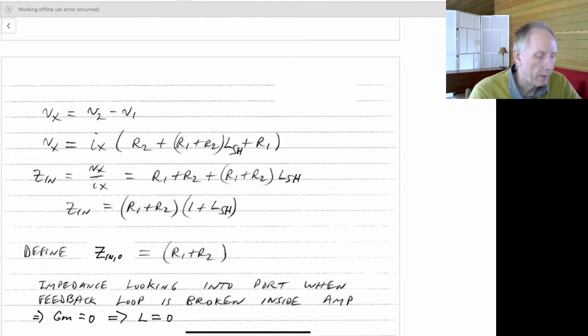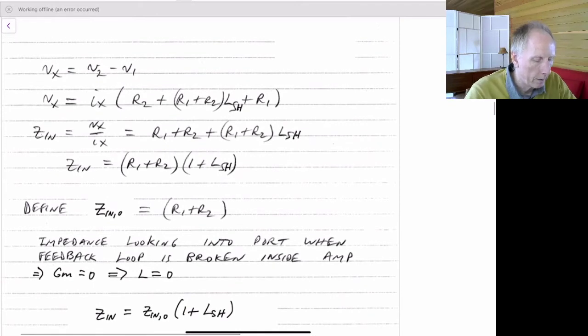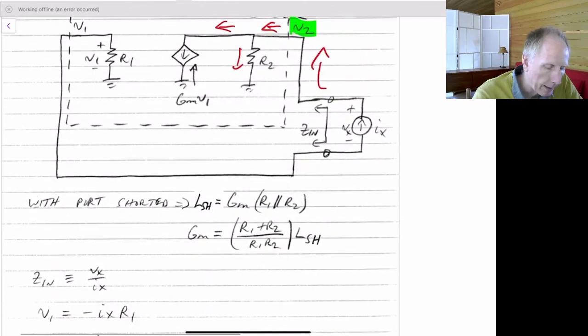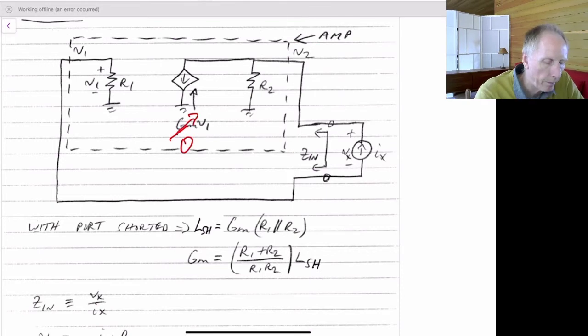So in this case, rather than defining Zin with the loop gain opened, with the loop gain set to 0 as R1 in parallel with R2, in this case, if we look at it, once again, if we zero our loop gain, we would set GM here equal to 0. So what would be our impedance Zin when we've set GM equal to 0 or set L equal to 0?